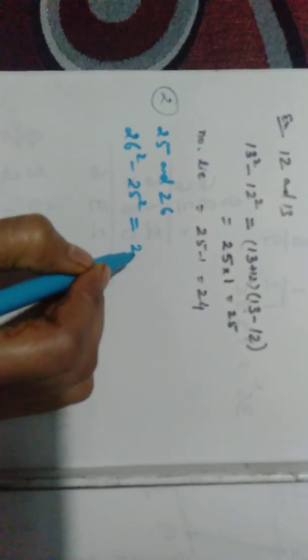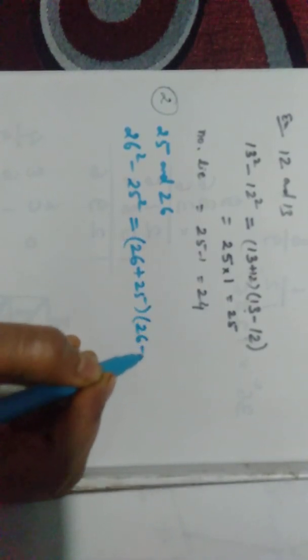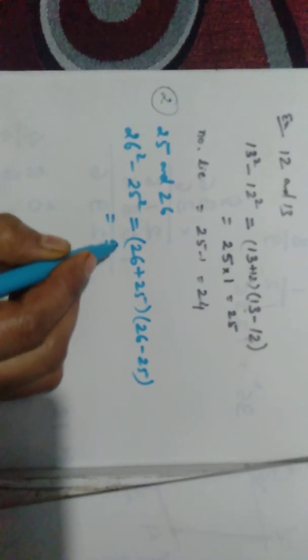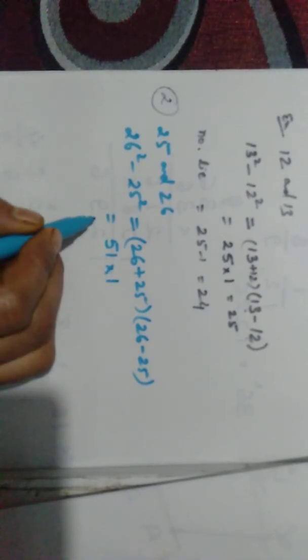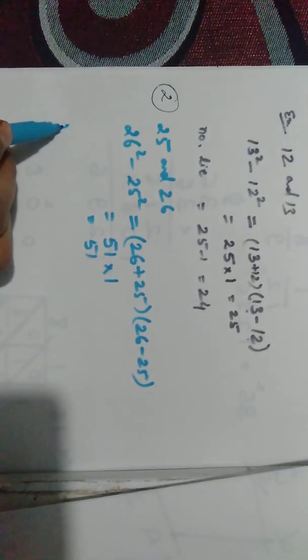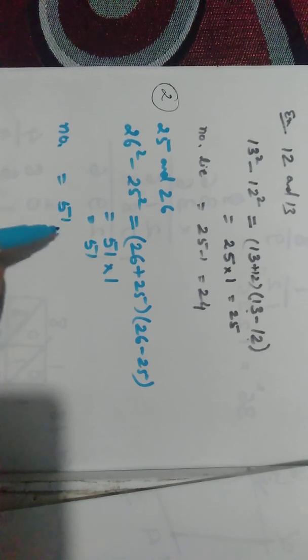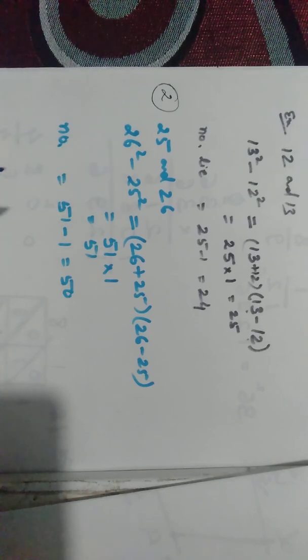Using the identity, this will be equal to 26 plus 25 times 26 minus 25. 26 plus 25 is 51 and the difference is 1. So 51 is our answer. Now the numbers that lie between them, we subtract 1 from this: 51 minus 1, that is 50.